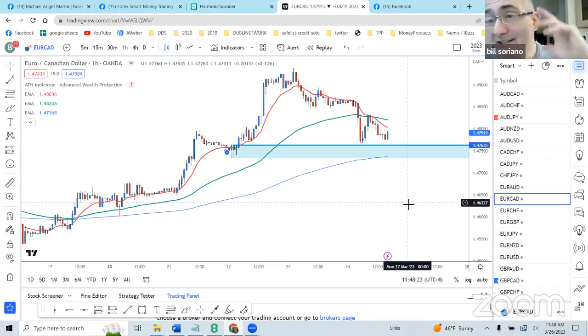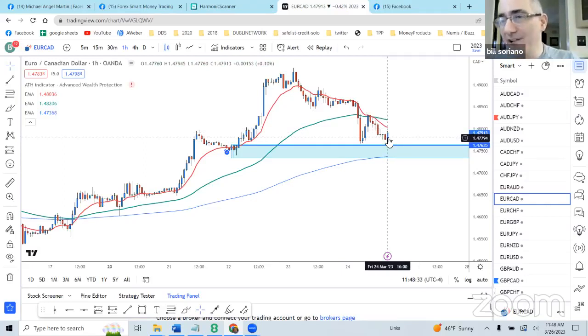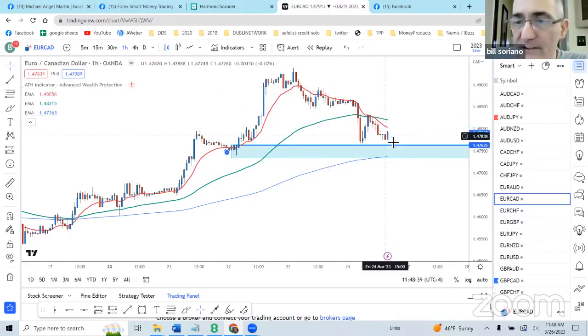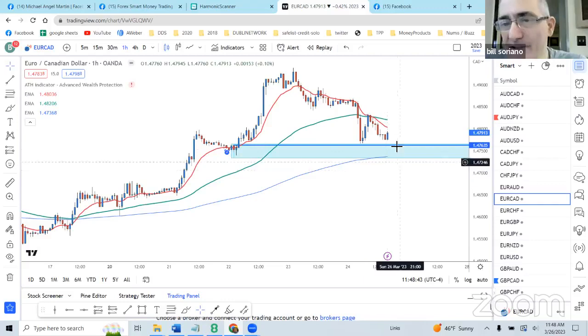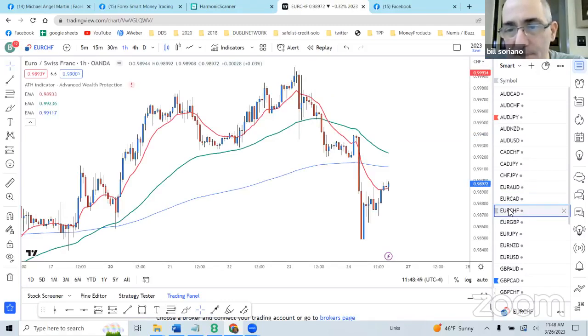If it was telling us to sell, we would mark up the sell, okay, as well, because there is a chance now that this trend is getting ready to change, okay? So this is one of those charts where you could technically take the trade either way, okay? Let's see if there's any more like that.